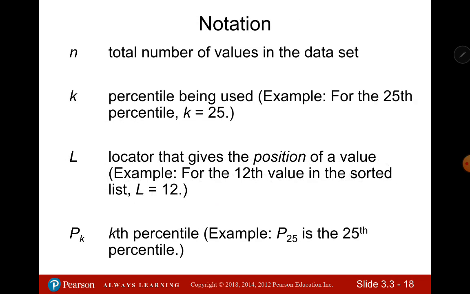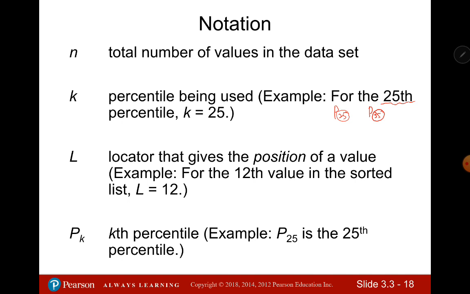Let's check some notation. Okay, n is still the sample size, or how many numbers, how many values are in our data set. K is a new definition. So for example, if it's the 25th percentile, then K is equal to 25, which means P25. Then this one is our K. Of course, for P35, K is equal to 35.